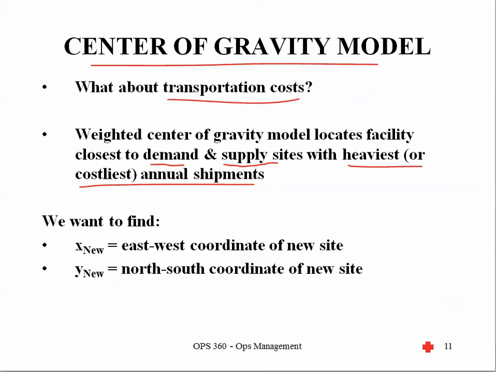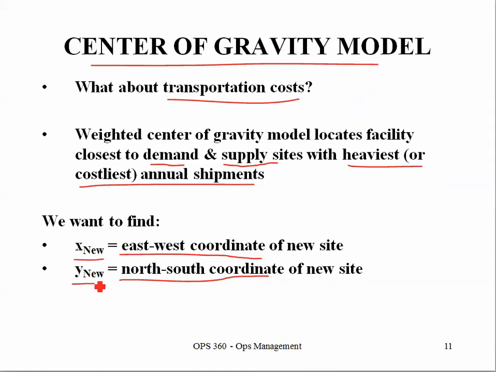So what we need to do first is have some sort of grid over the area we're considering locating in, and that also covers the area where our demand and supply sites are. The grid will have an east-west dimension and a north-south dimension, and what we're trying to figure out is the values x subscript nu and y subscript nu, where x represents the east-west coordinate of the new site and y represents the north-south coordinate of the new site.